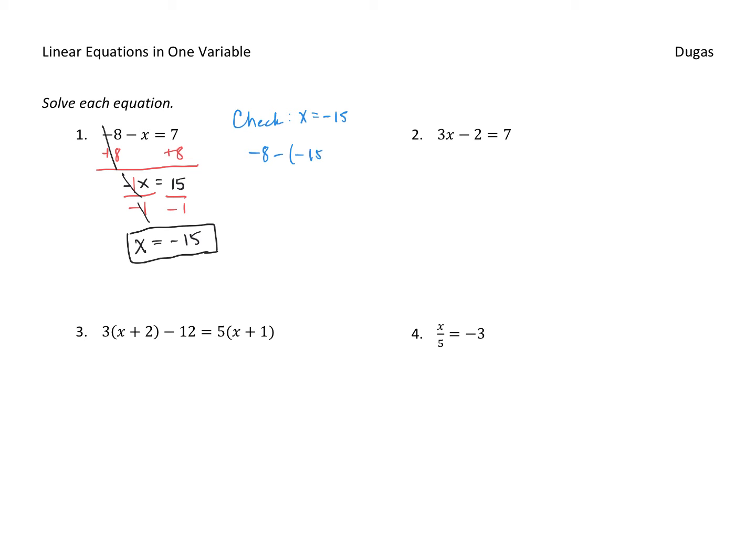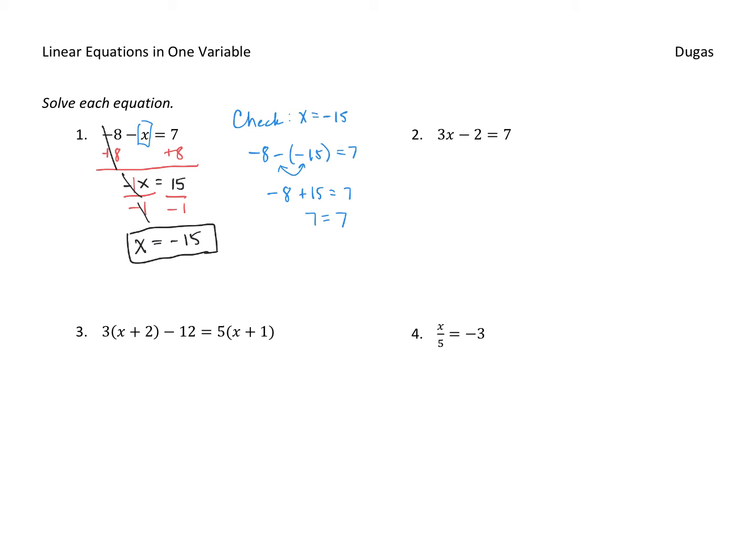What I'm going to do is just plug in the -15 in the place of the x. So I have -8 minus a -15 equals 7. The two negatives here will make a plus. So -8 plus 15 is equal to 7. If I add -8 and 15, really I'm subtracting because the signs are different.